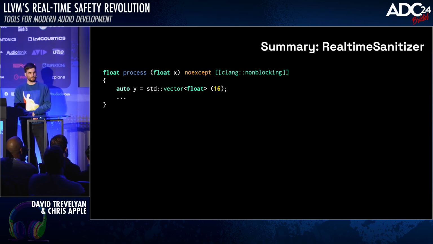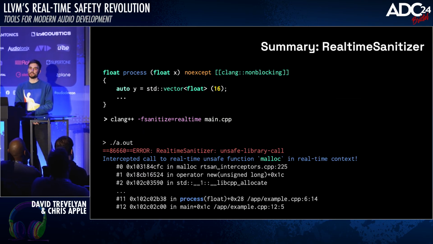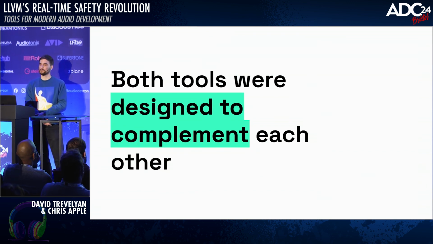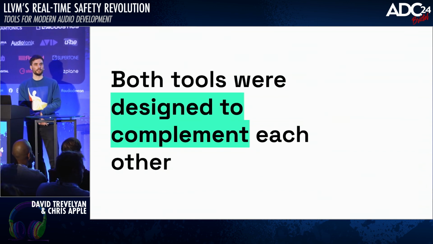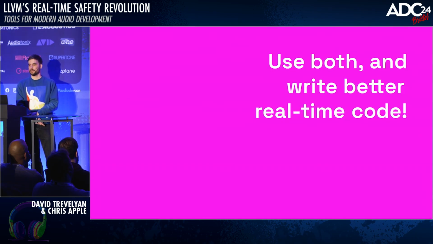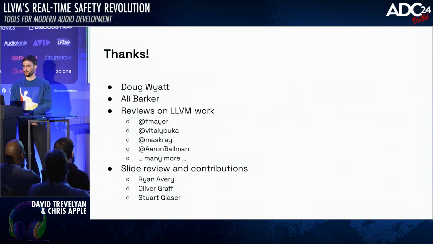Attribute your real-time functions, compile with a simple flag, and be warned when you try to do bad stuff in a real-time context. Just to reiterate, both of these tools were designed to complement and work with each other. They fill some of each other's gaps. So our recommendation is, use both and write better real-time code.